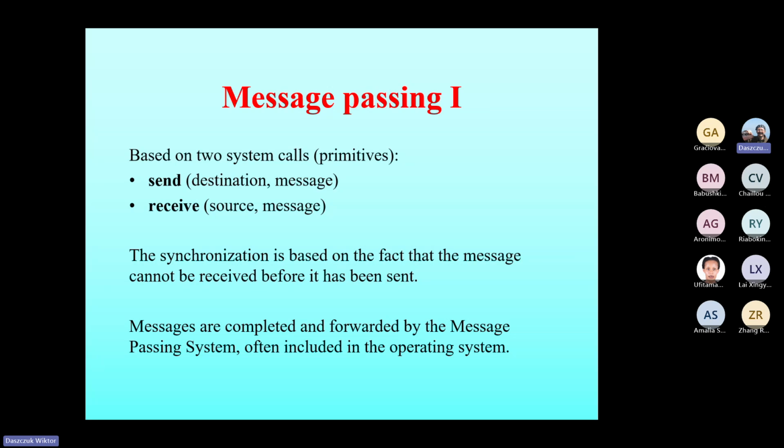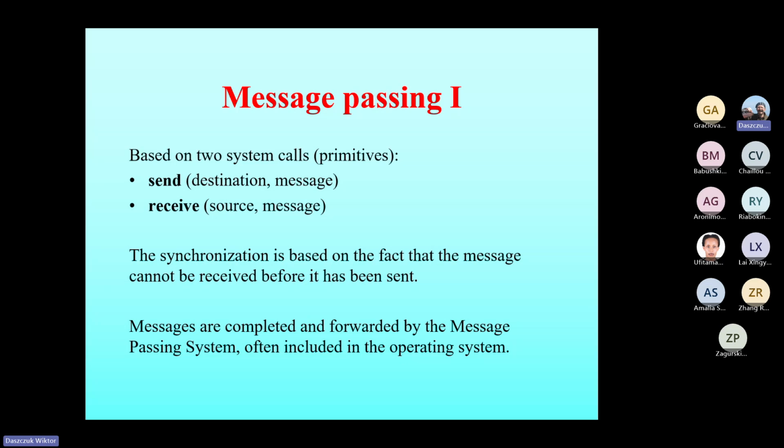We can only exchange messages between processes. And the synchronization is based on the fact that a message cannot be received unless it is sent. And we have two basic primitives. Primitives are system calls concerning message passing.